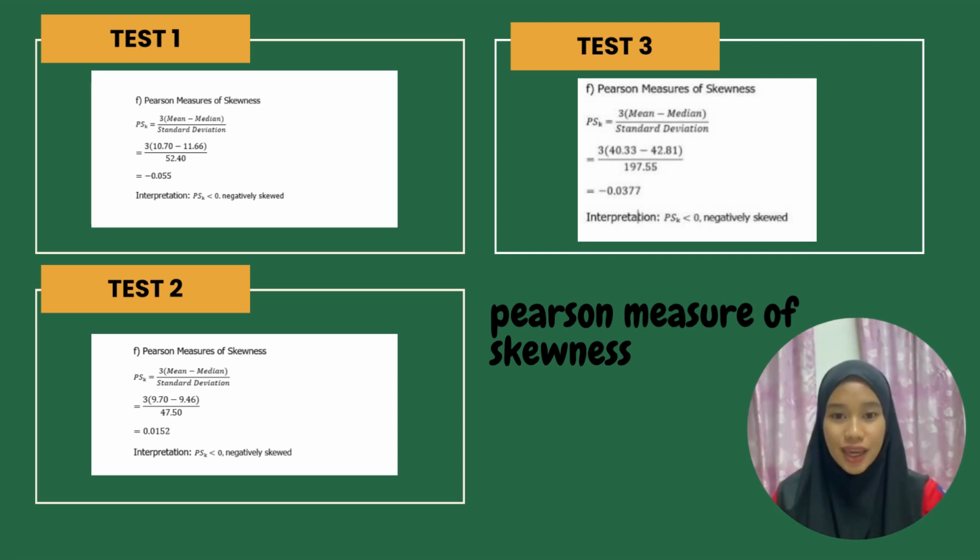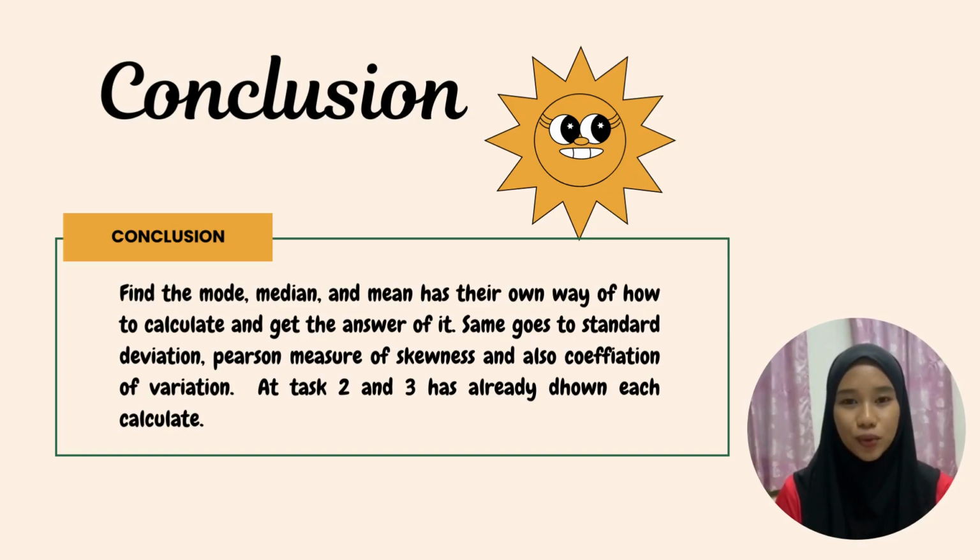As you can see on the slide, the answer for task 2 is 0.0152. The slide also shows the calculation for task 3. The answer is negative 0.0377.